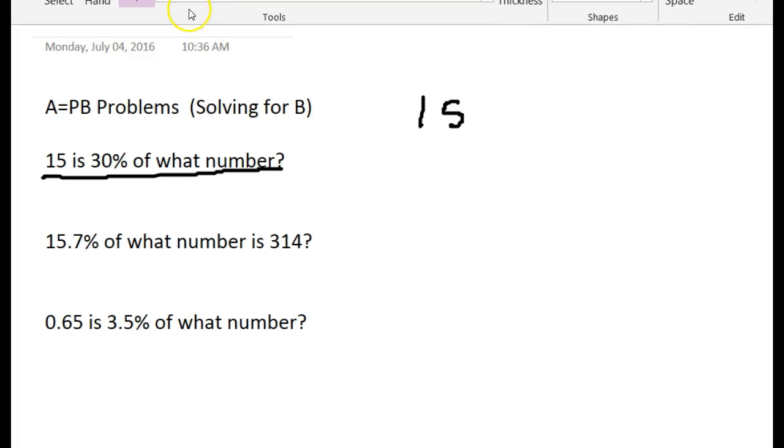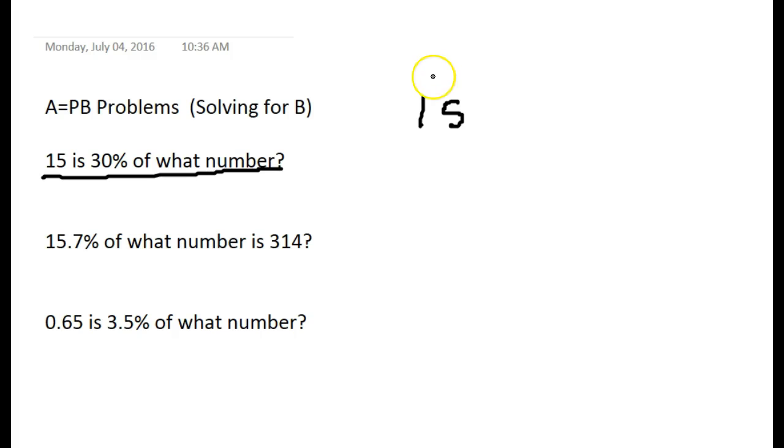15 is 30%. Remember, I have to put that in decimal form. 0.30 of what number?